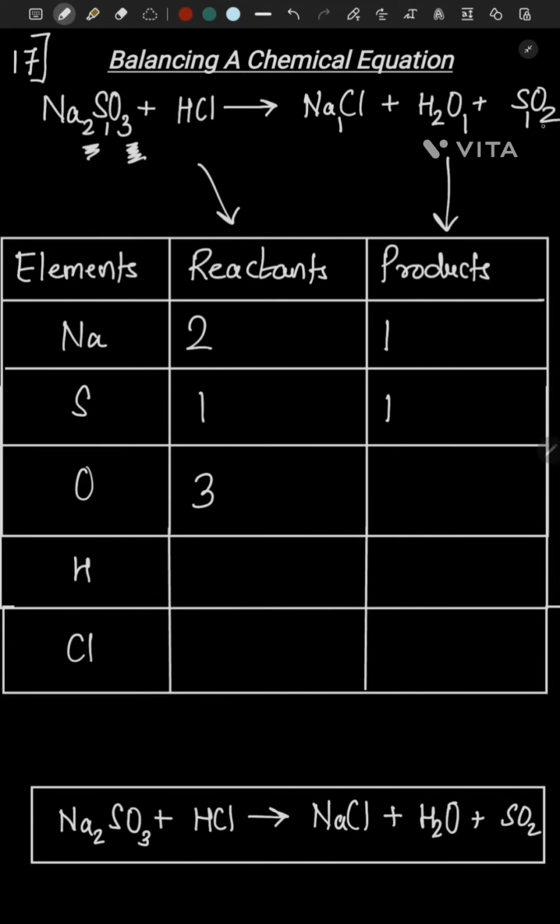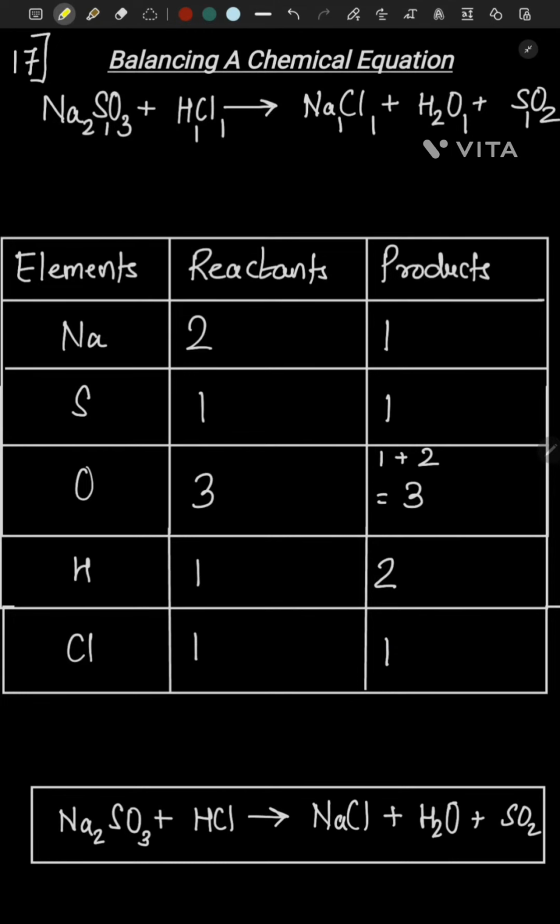Oxygen, we have 1 here and 2 there, which means 1 plus 2, that is 3 atoms. Hydrogen, 1 atom on the reactant side, 2 atoms on the product side. Chlorine, 1 atom on the reactant side and 1 atom on the product side also.